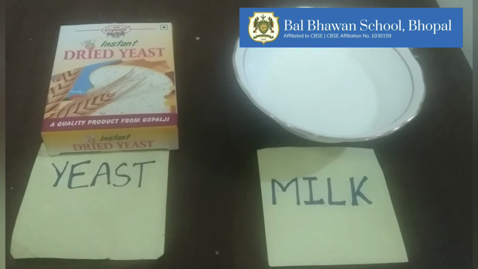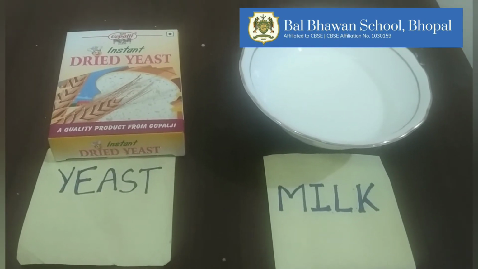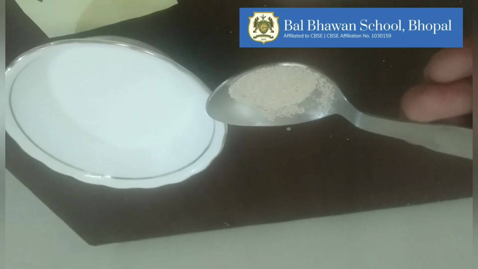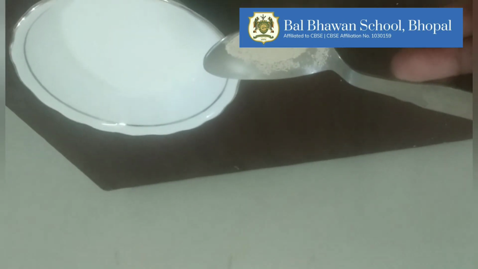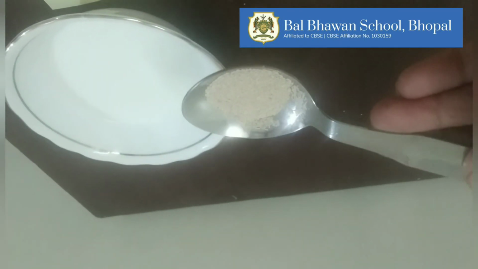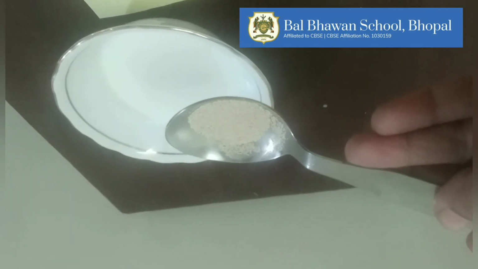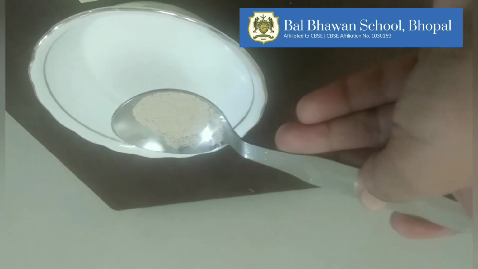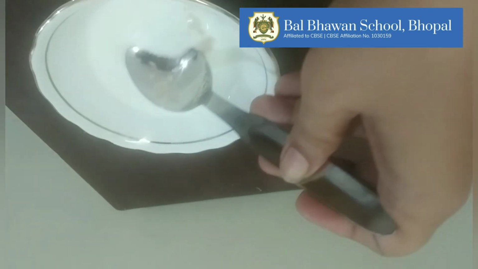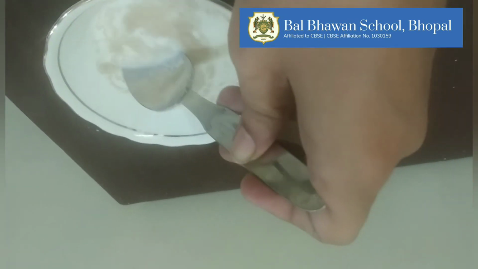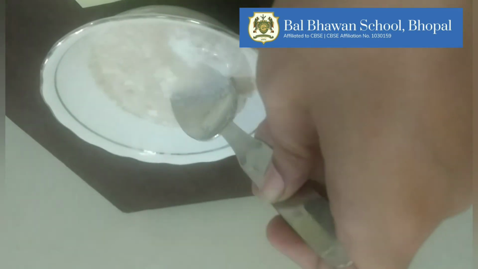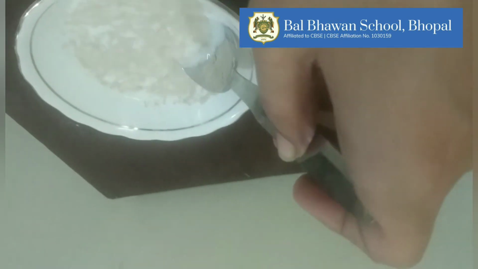I'm going to open this packet. Now you can see in my spoon I have dry yeast powder, which is actually a microbe, in the form of a powder. I am adding it to this warm milk, stirring it and leaving it for around 15 to 20 minutes.